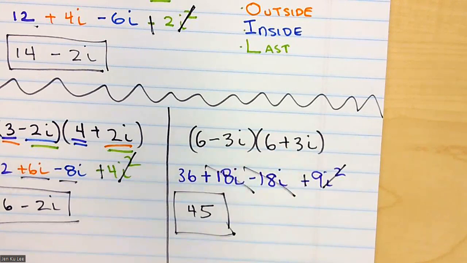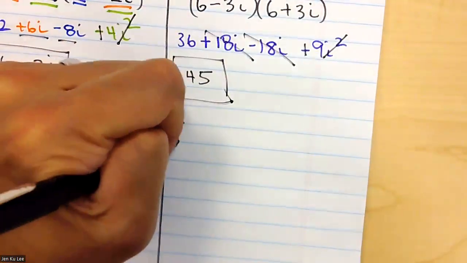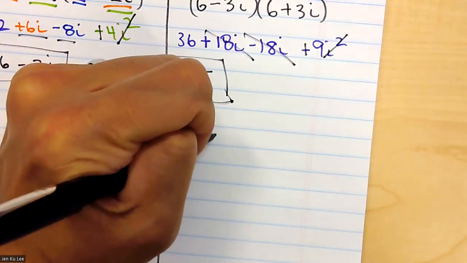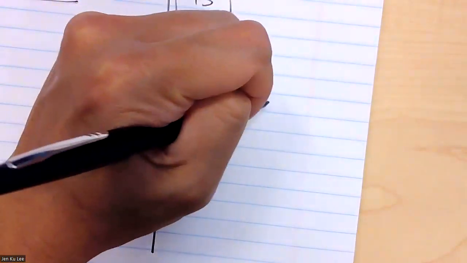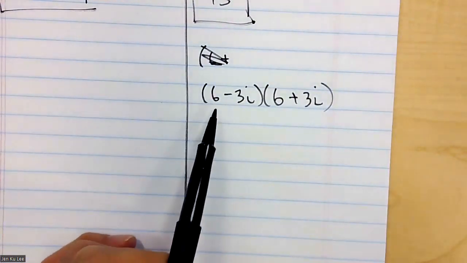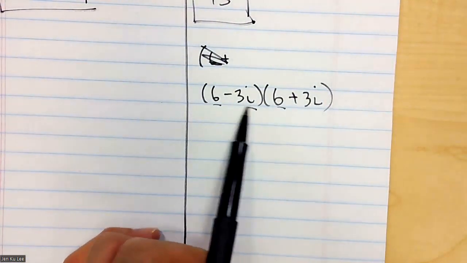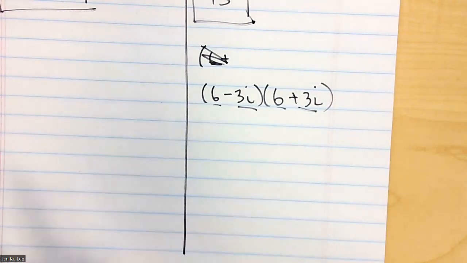This is also a special form. So whenever I have the same terms, let me rewrite it here. 6 minus 3i times 6 plus 3i. What I mean by that is I have 6 and 6. I have 3i and 3i, and the only difference is the plus or the minus.